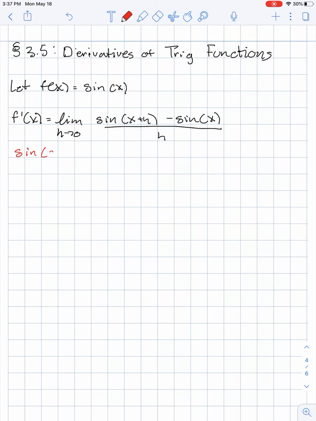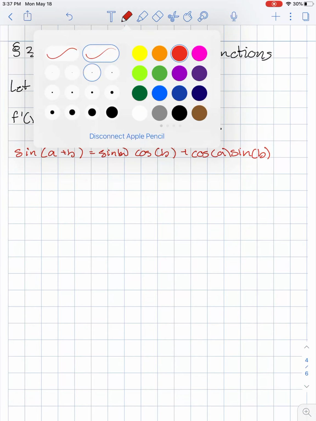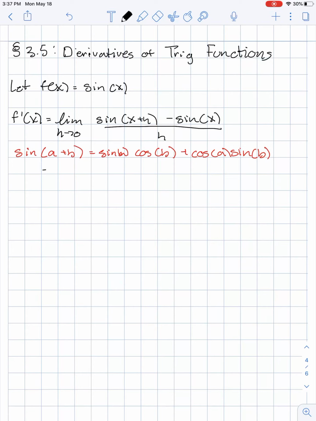Now remember what we learned in chapter 1, that sine of a plus b equals sine of a cosine of b plus cosine of a sine of b.